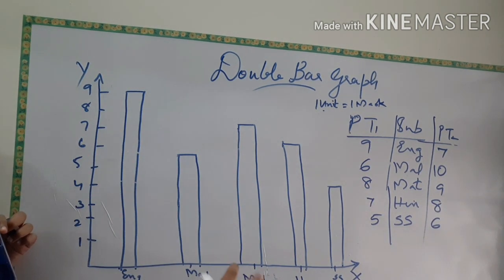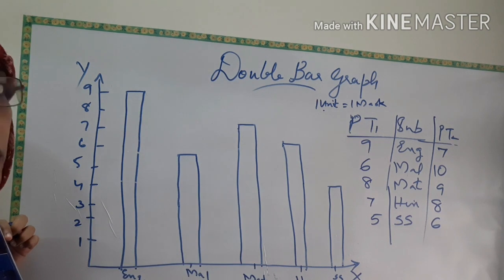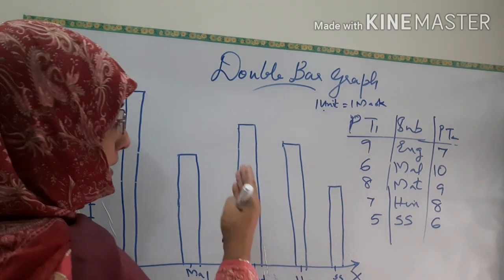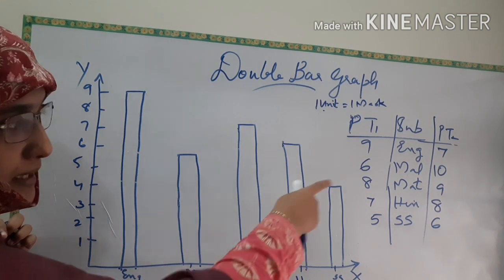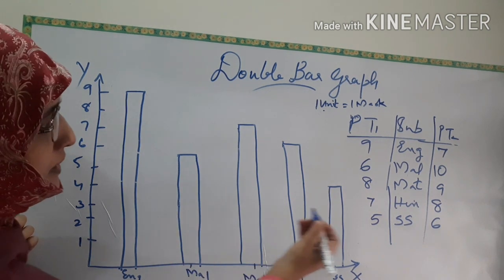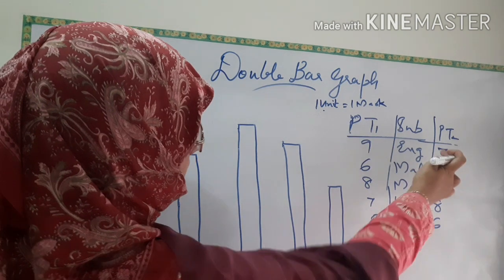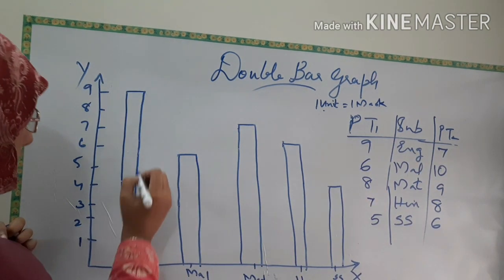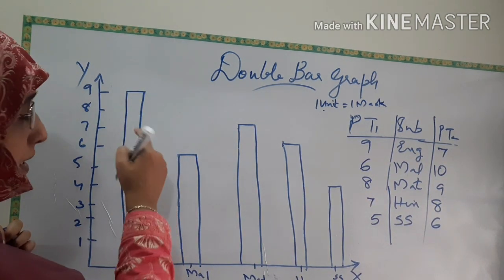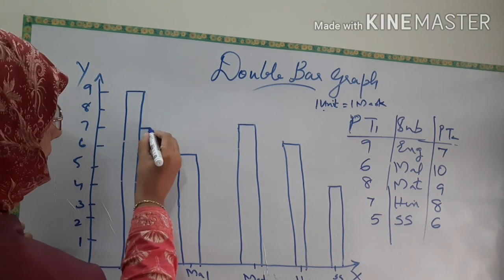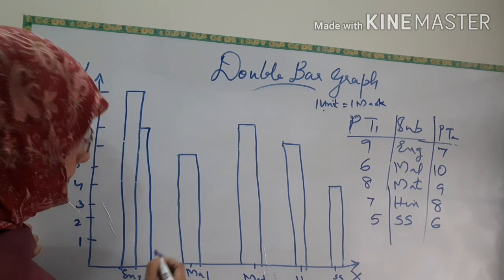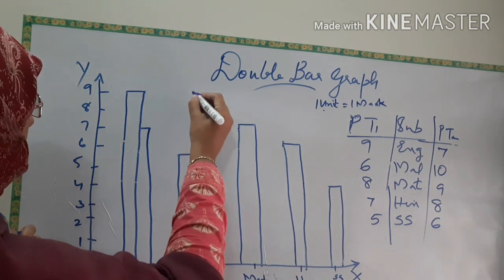Then it will become a double bar graph. When two data are there, it becomes double. You have to draw one more bar for each subject. So see, here it is 7. So how will you draw? English it is 7. You already drew a bar there, so draw from the joining. Say 7 means it will be here. Draw one more. Malayalam it is 10 marks.